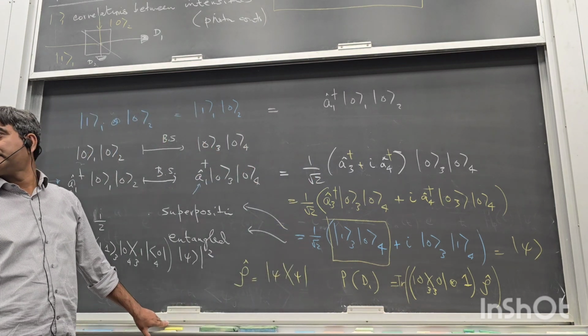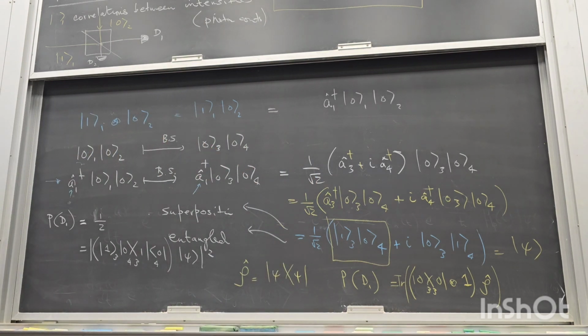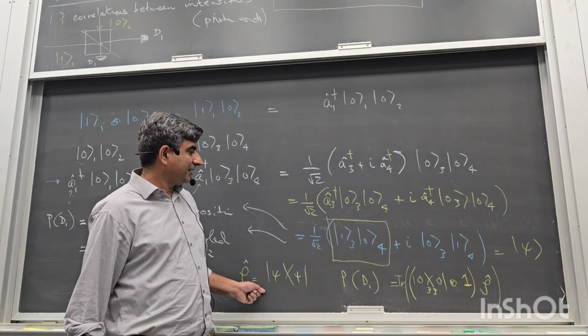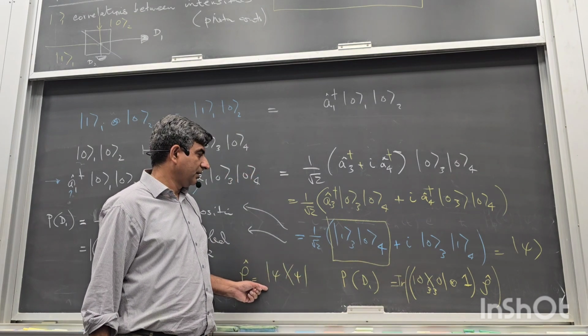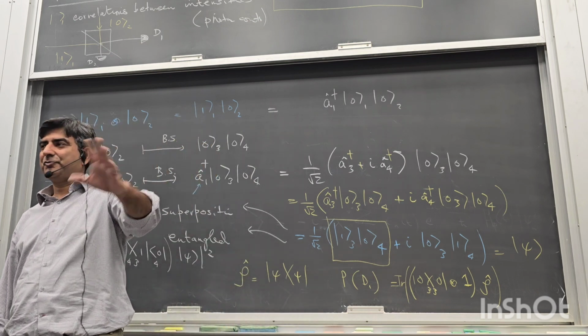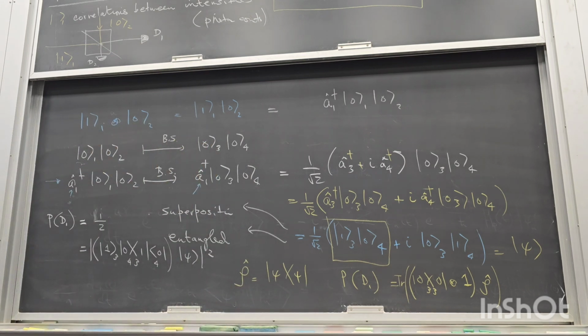You get 1/2. Simply, if you take the inner product with 0 0 3 4. Alright, so another way of looking at it is you take this density operator, which is a 4x4 matrix, and take the partial trace with respect to one qubit. You'll get the maximally mixed state on the other qubit.